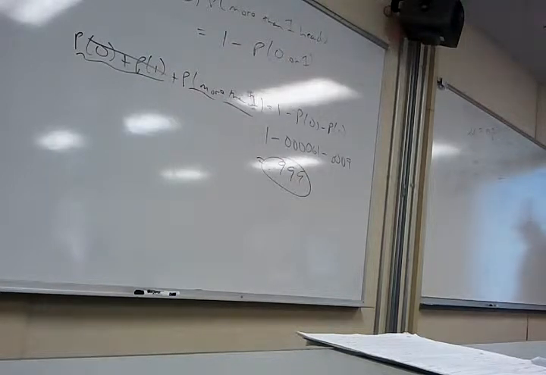What is the area of this one? How do I get the area of this shape? What shape is that? Rectangle. So the height, how tall is it? It's 0.061. And how wide is it? 1. So what's the area? 0.061. That's crazy. So if I have a nice shape, like a triangle or a rectangle, if my distribution happens to be a nice shape, I could just use geometry to get it.